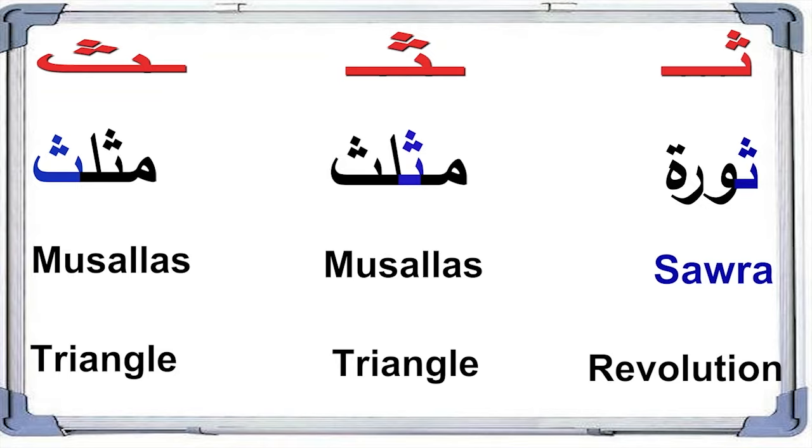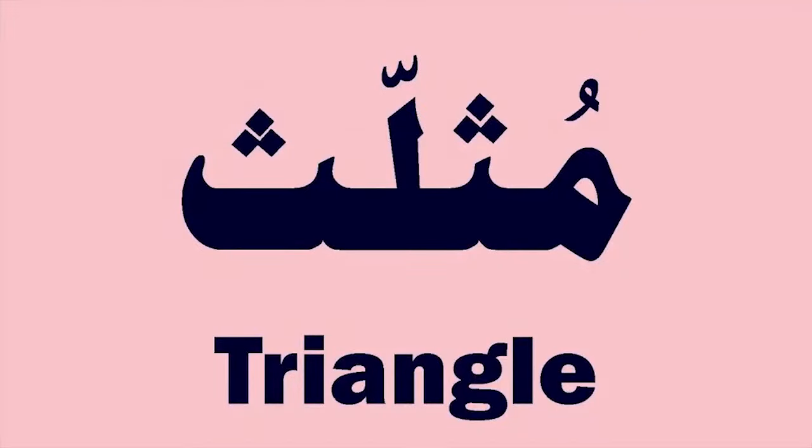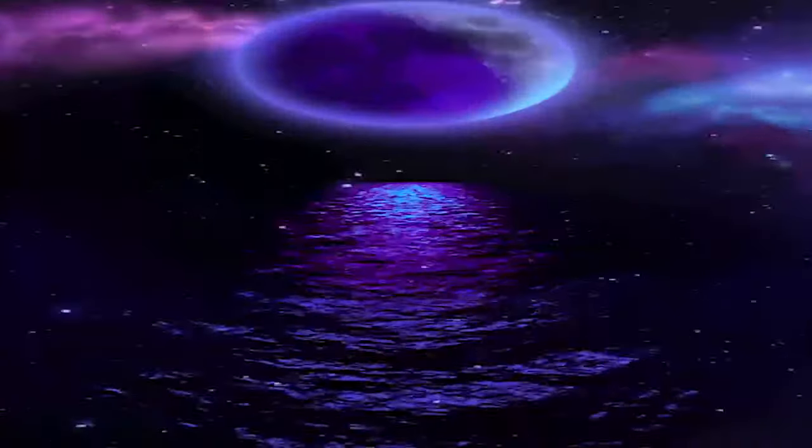You can see here the letter Se in the middle and Se at the end. Sawra, Musallas, revolution, triangle. 4 letters so far. Let's review. Alif, B, T, Se.